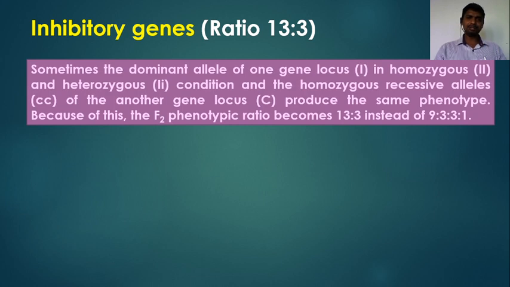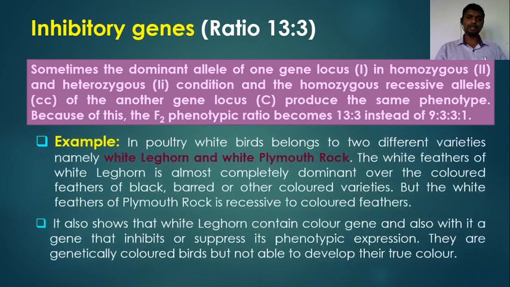What is the action of the C gene? It is responsible for color production. So when the I gene is present, the C gene is not able to express itself, and white progeny are formed, as in the example of poultry birds.